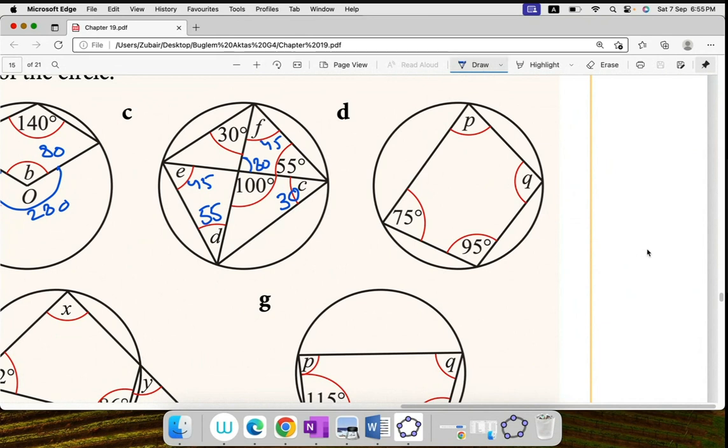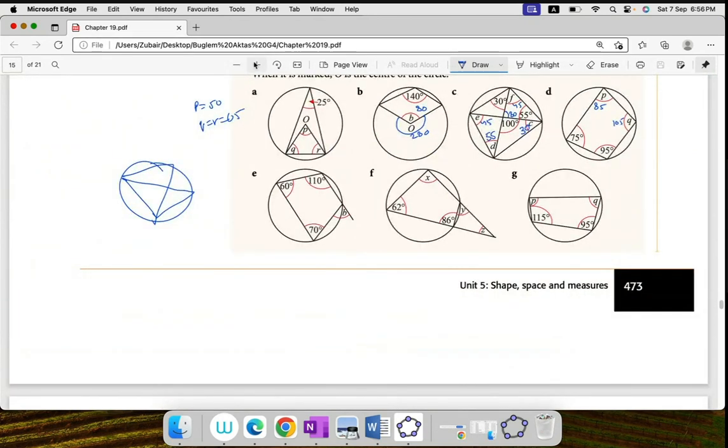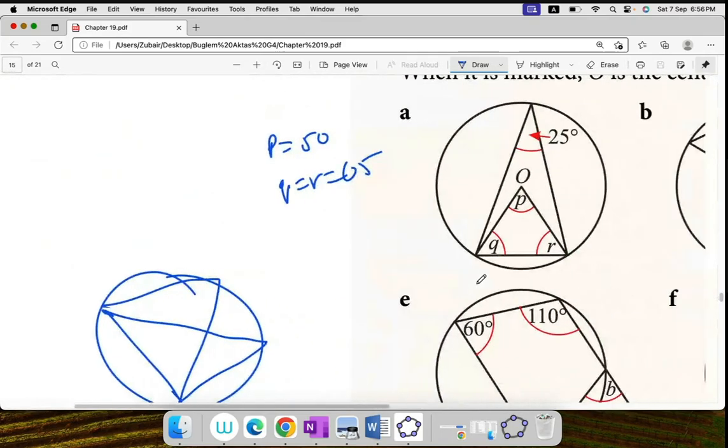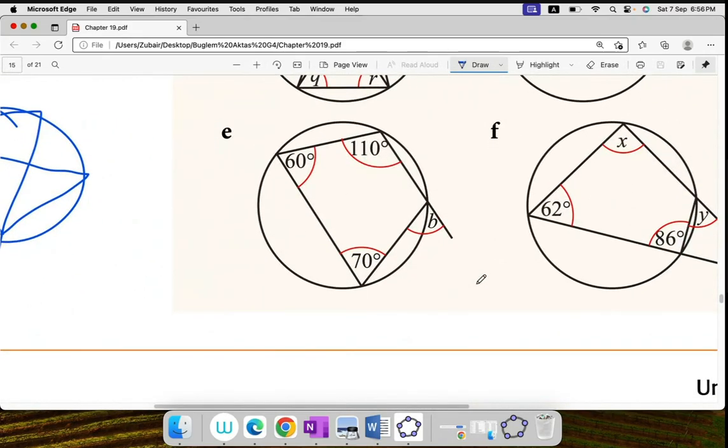Q is 105. Correct. And then P is 85. E. B is 60.